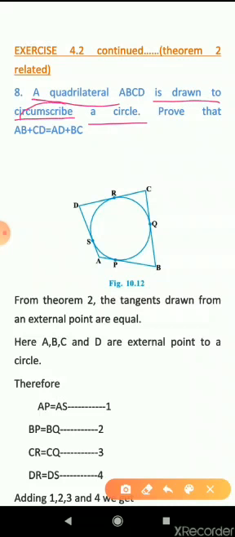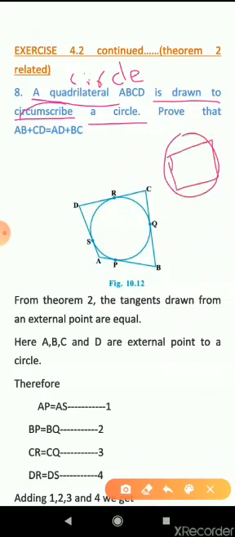Clear? If the same question is like this, a circle is drawn to circumscribe a quadrilateral, that means inside a circle you have to write a quadrilateral. Please understand this.